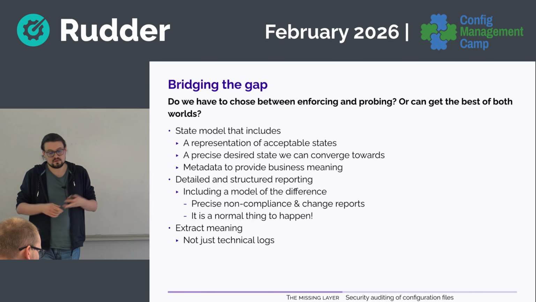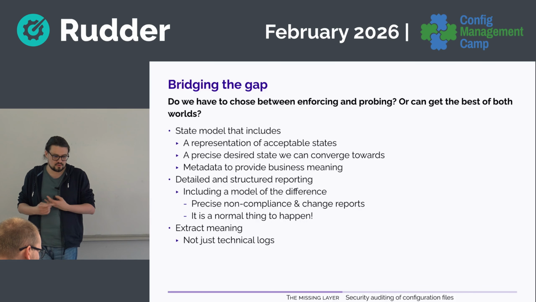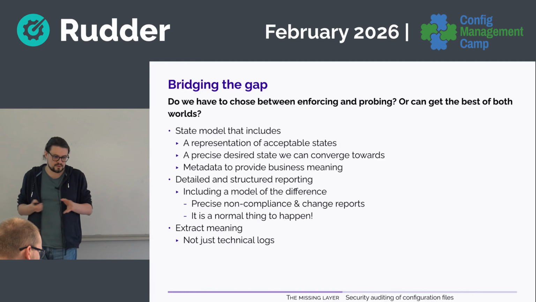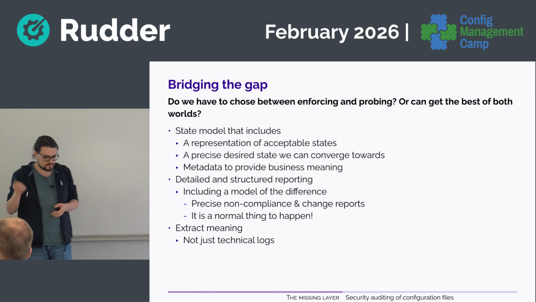And we need to add some metadata to be able to compute scores. And we need, most importantly, better output from the system because we need to have precise information about the state of the system, even if it's not correct. And that's something configuration management tools are not always good at doing.